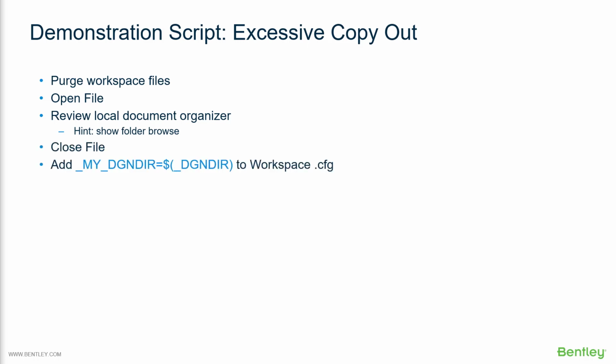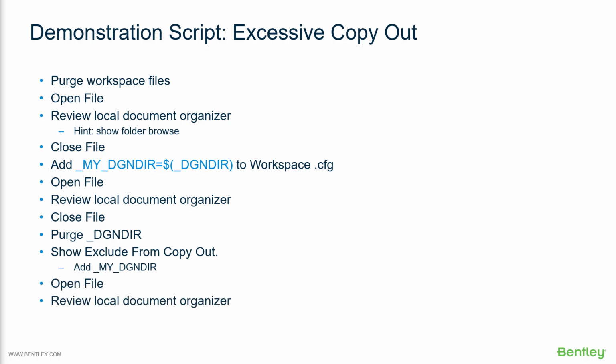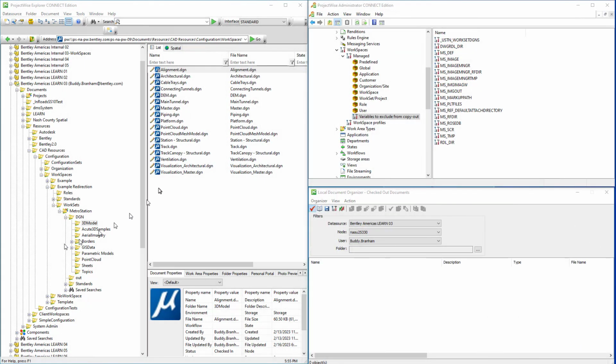We'll add the variable my_dgn_dir, set that equal to _dgn_dir in the Workspace CFG file. We'll then reopen the file, review Local Document Organizer, close the file. We will then purge the _dgn_dir. We will then show exclude from copyout, add my_dgn_dir to that exclusion list, open the file, and review Local Document Organizer again.